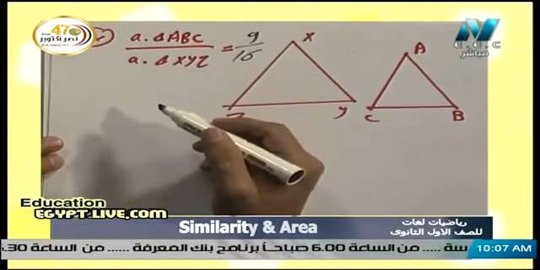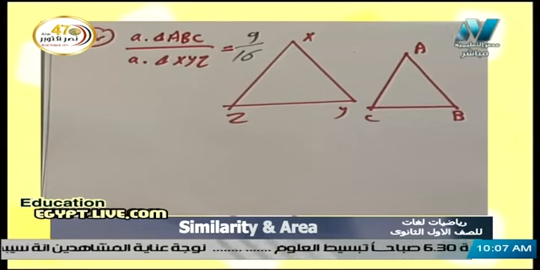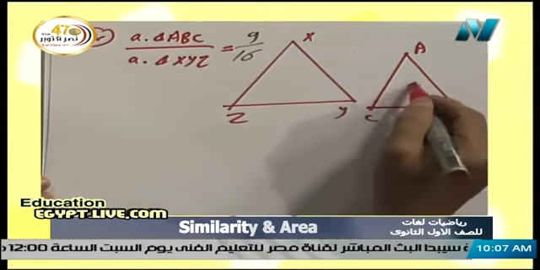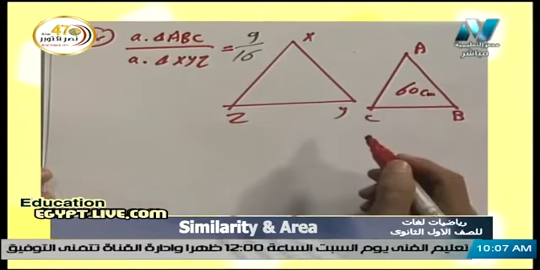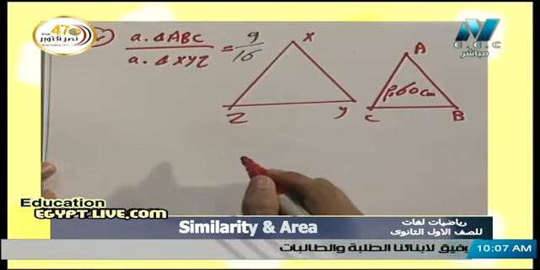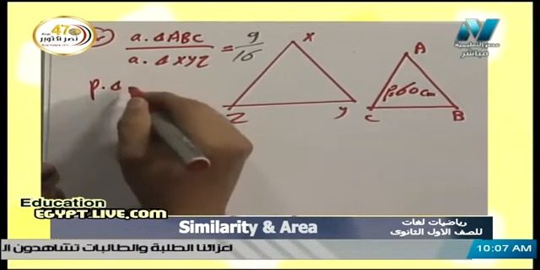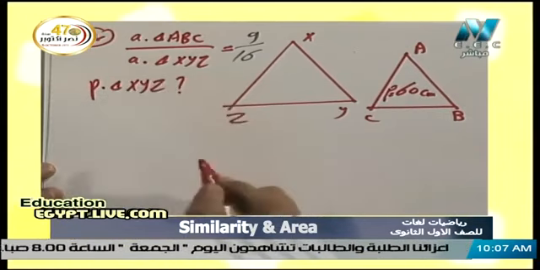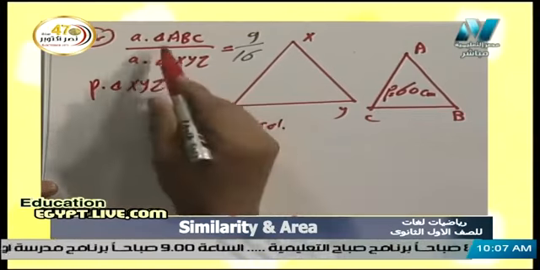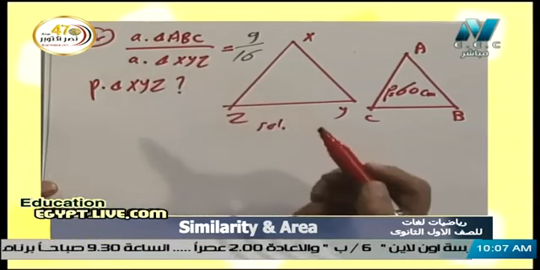Okay, and he gives that the perimeter of the smaller, which is ABC here, equals 60 centimeters. The request is to find the perimeter of triangle XYZ. Solution: we know that the area of triangle ABC over the area of triangle XYZ equals the square of the ratio.